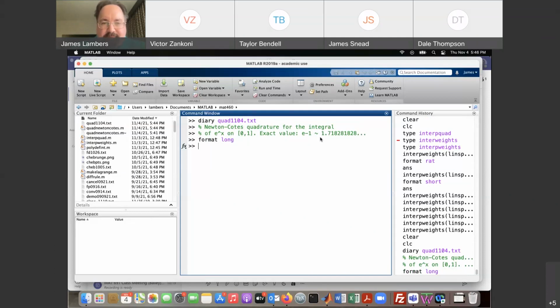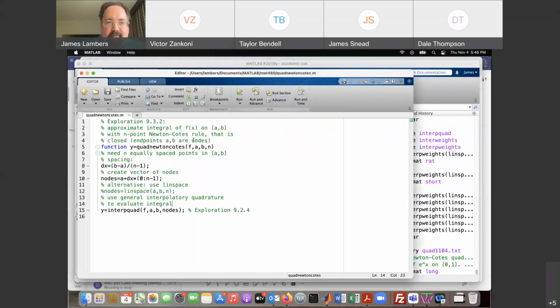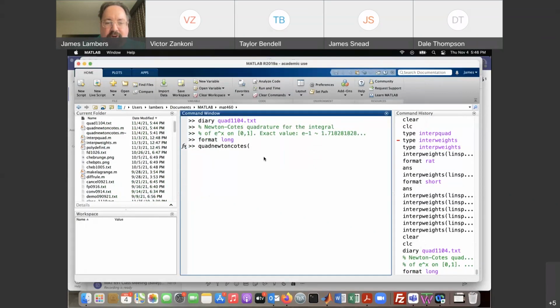Now, for a simple example, I'm going to do quad Newtoncotes. If you look at the code, the first parameter is a function, and then we have a, then b, then the number of nodes. Now, the first argument must be a function handle. So if you have a function implemented as an M file, then you would put an @ sign in front of it to indicate you're passing a function handle.